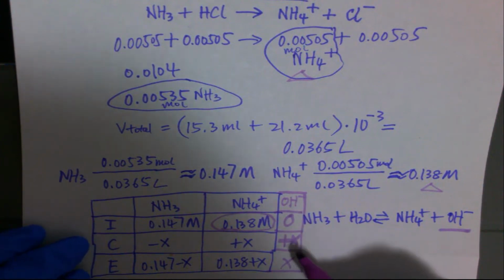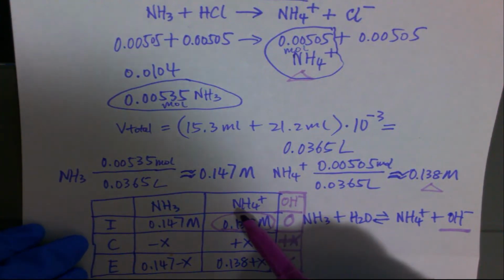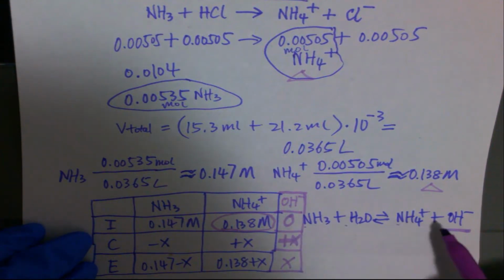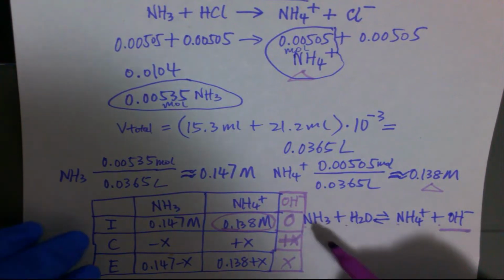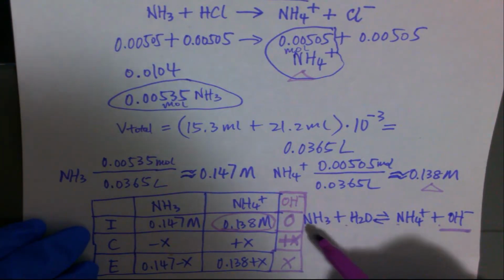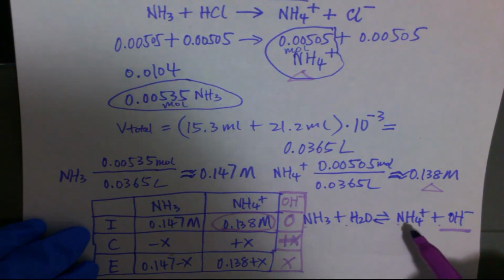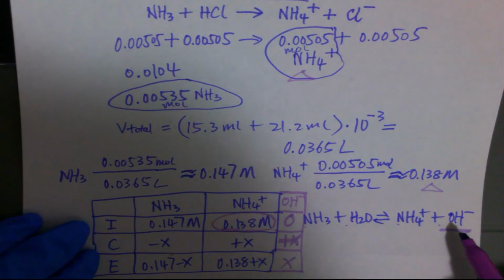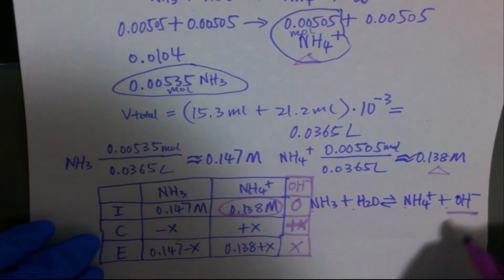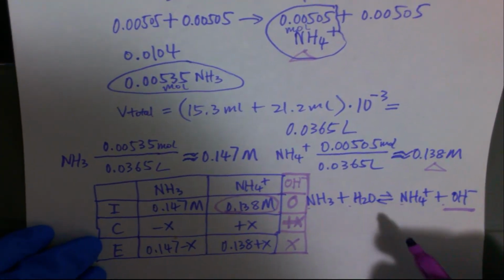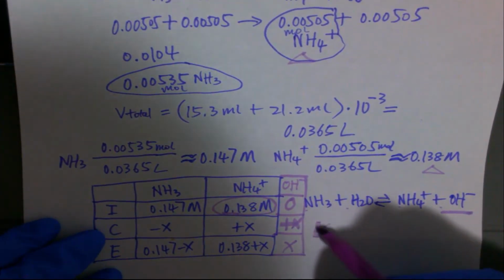The OH increases by X, and the conjugate acid also increases by X because all the coefficients are 1. Oh, sorry.